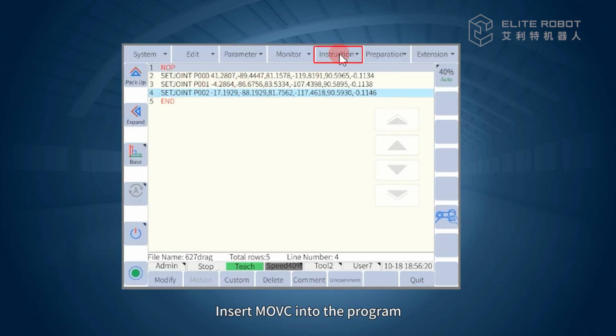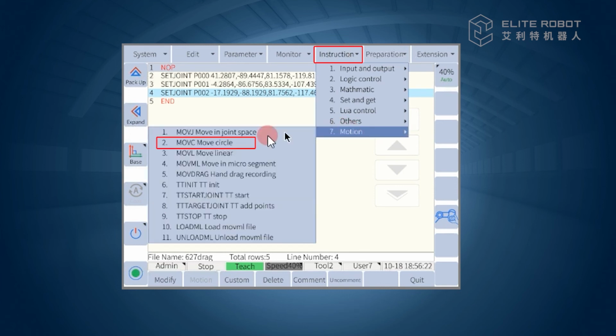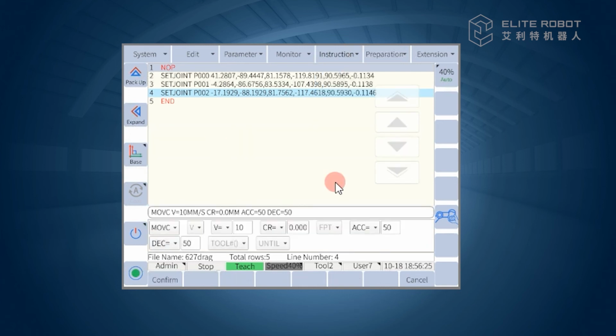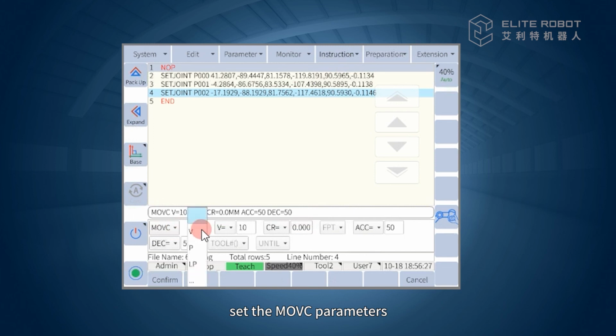Insert MOVC into the program. Set the MOVC parameters.